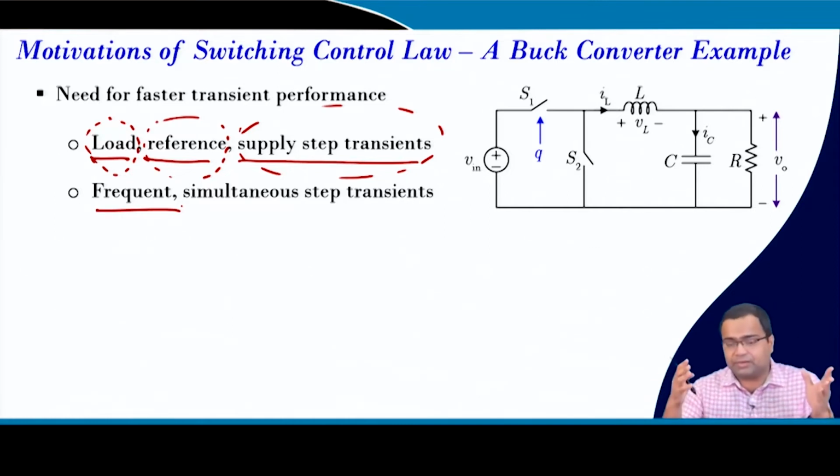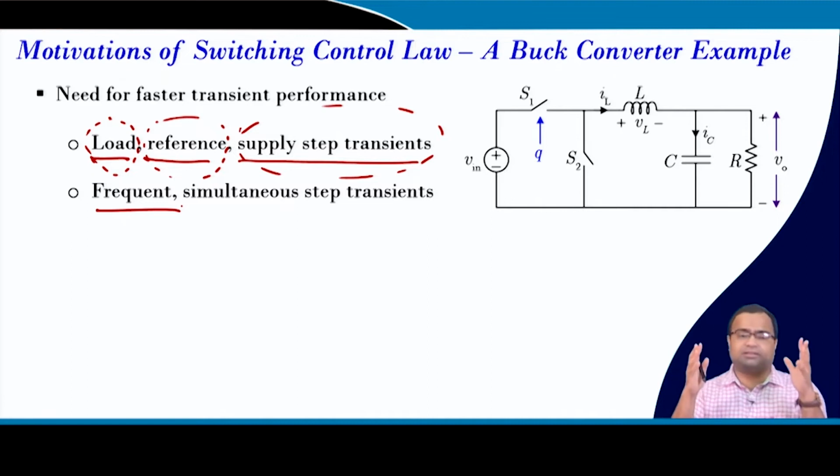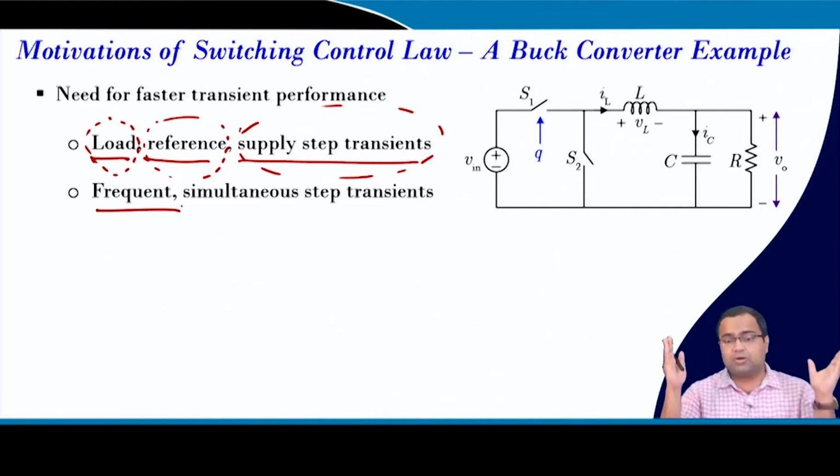In fact, when industry designs a power converter or PMIC, power management IC, let us say for VR application, voltage regulator, if the switching frequency of the converter is 1 megahertz, they can test the load transient at tens of kilohertz and even up to hundreds of kilohertz.